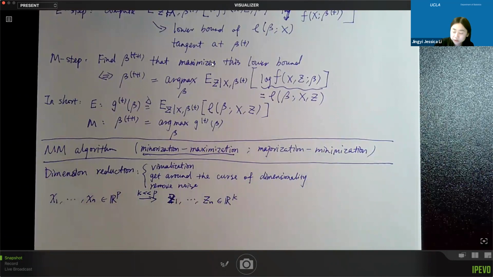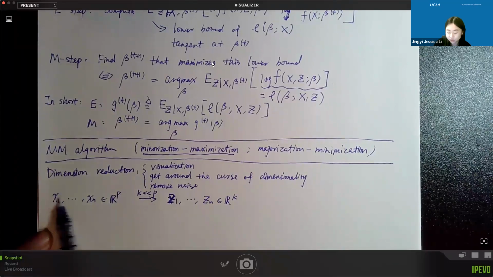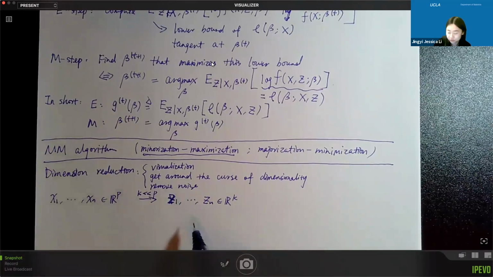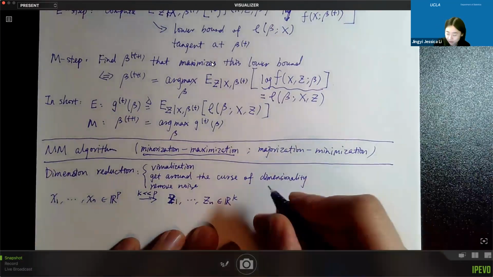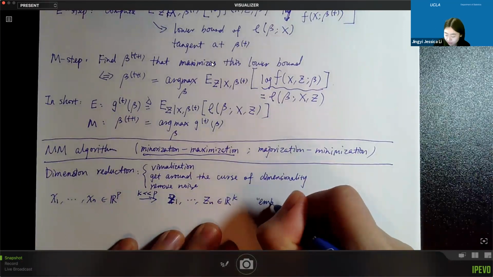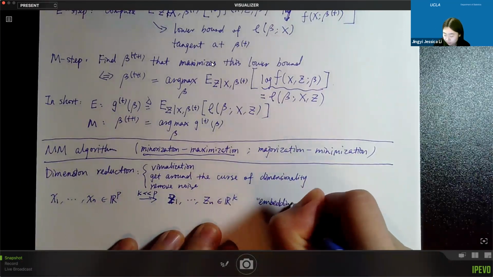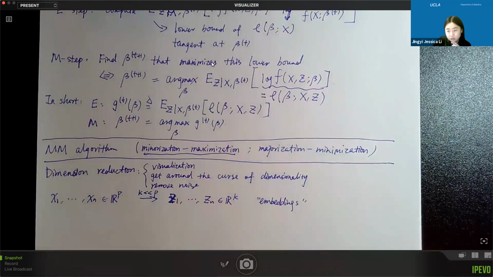We must preserve some property. Next, we're going to introduce several dimension reduction methods that preserve different properties in the X1 to Xn to find the projection, Z1 to Zn. In machine learning, some people also call this the embedding, low dimensional embeddings of high dimensional points. You can see this term.